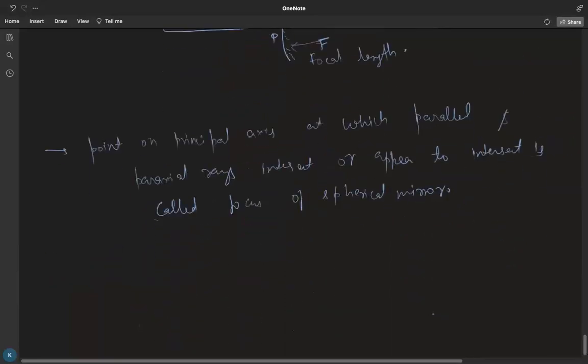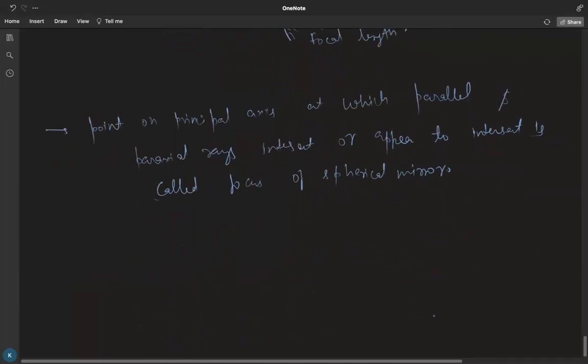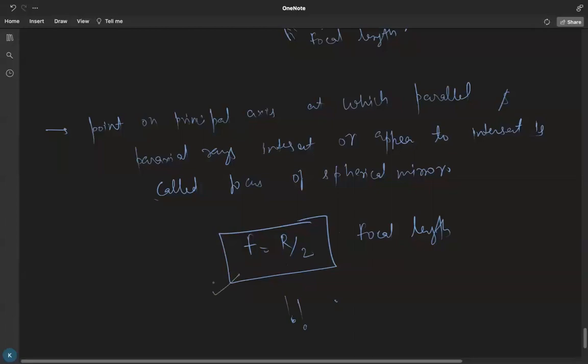I hope it is clear to all of you. One more thing we have to remember: focal length f is equal to R by 2. We are going to derive this, and where it comes from, in the next class. That's all for today. In tomorrow's class, we will derive this expression, and then we move to the next part. Thank you.